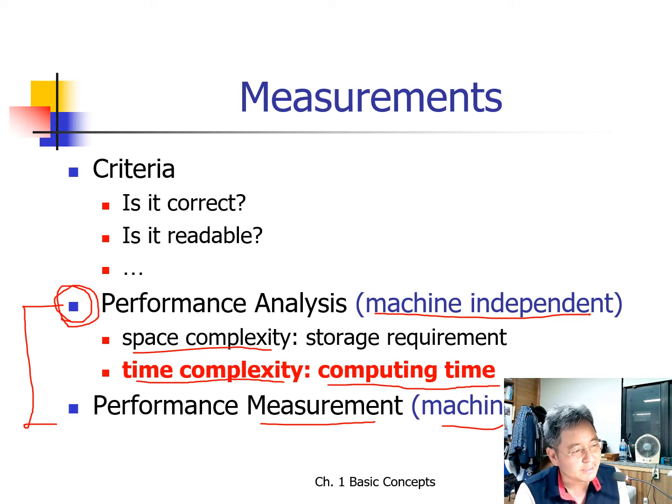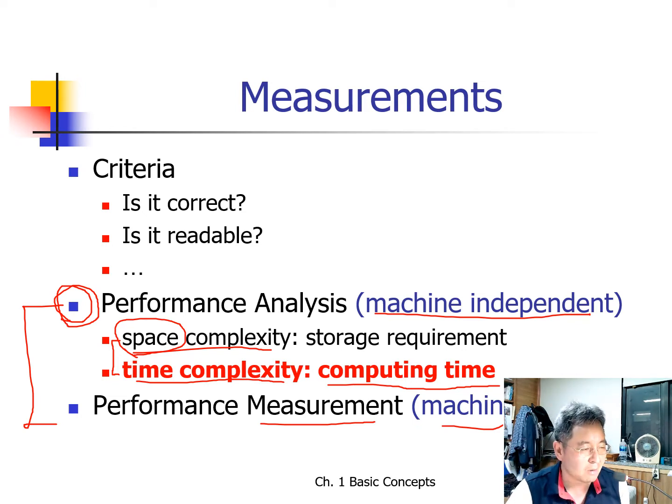Especially among these two performance analysis methods, space or time, which one is more important to you? In the 1980s or 1990s, space complexity was much more important than time, because everyone could wait, and also memory was very expensive at that time.